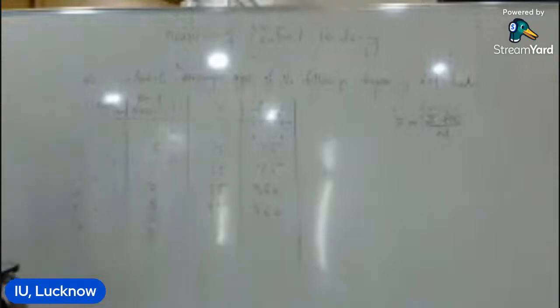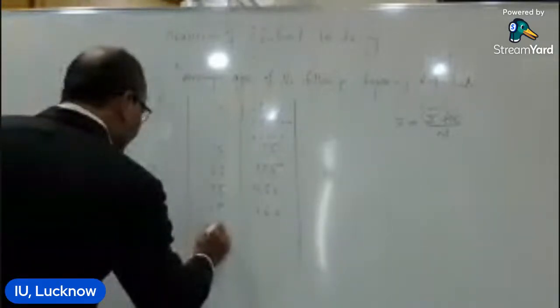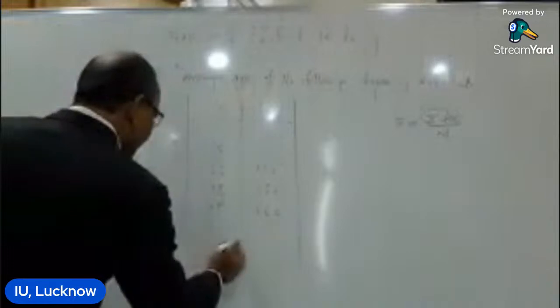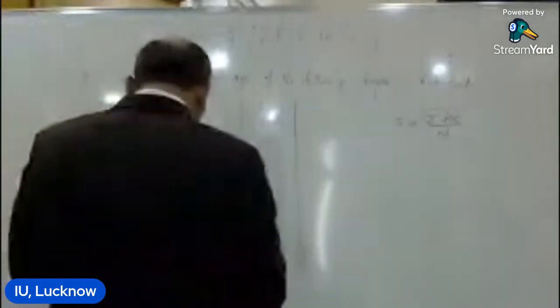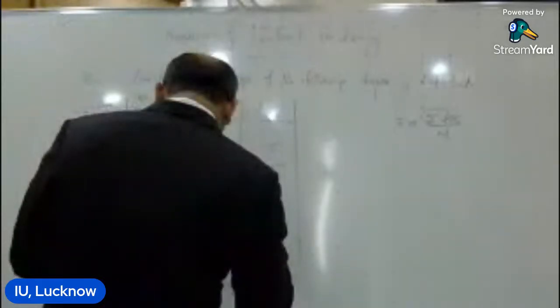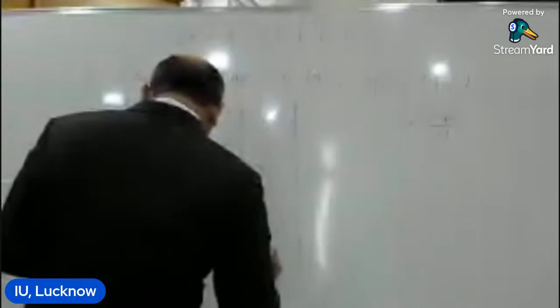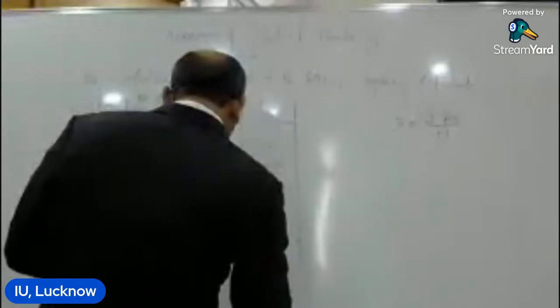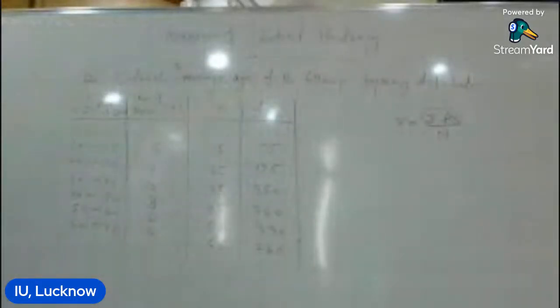So here the value of x, this is 55 and this is 65. So fx will be 330 and 260. Okay.